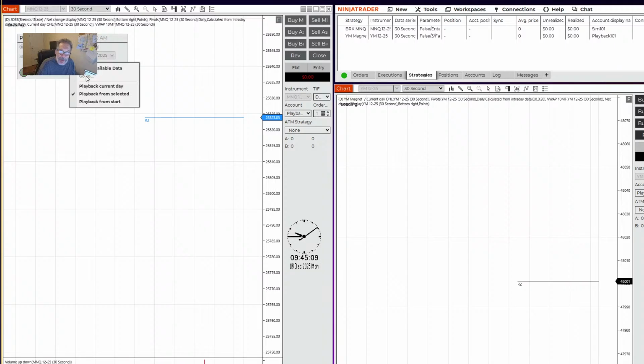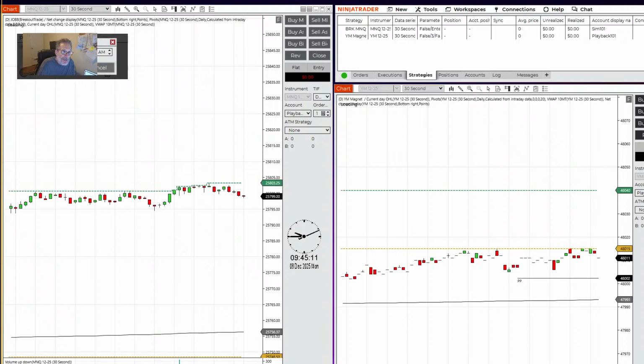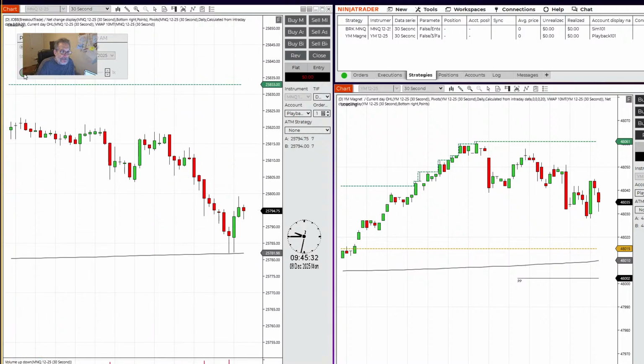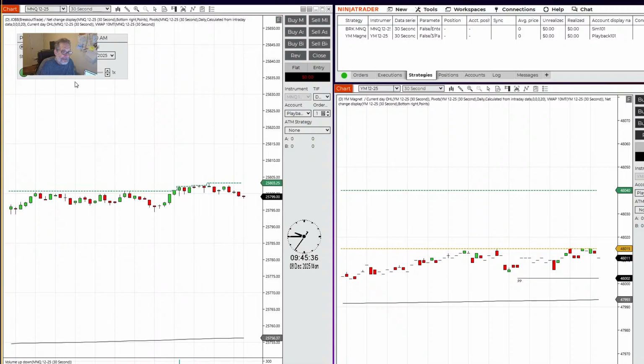Right click in the blank spot and put the time, 9:29. I'm not even going to bother with the YM, folks. That's my own testing. I don't want to waste your time on it. 9:29:30 on the MNQ. I want to see what might have made a difference on that trade this morning.